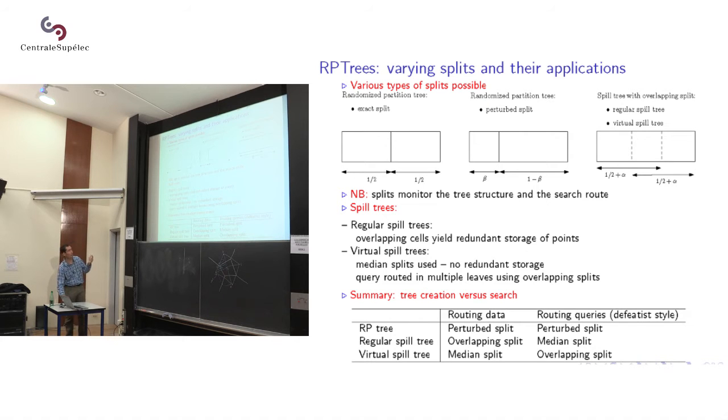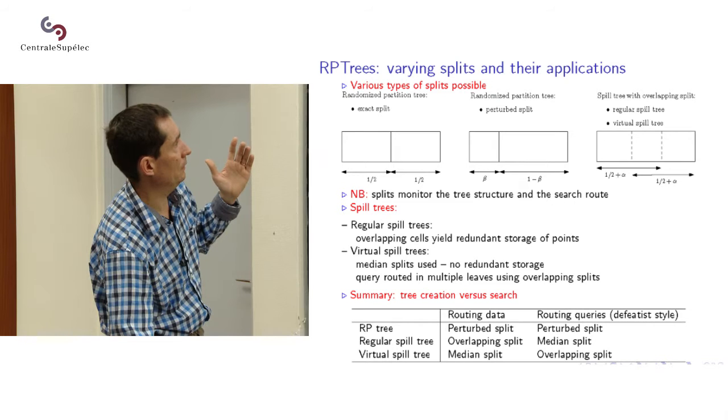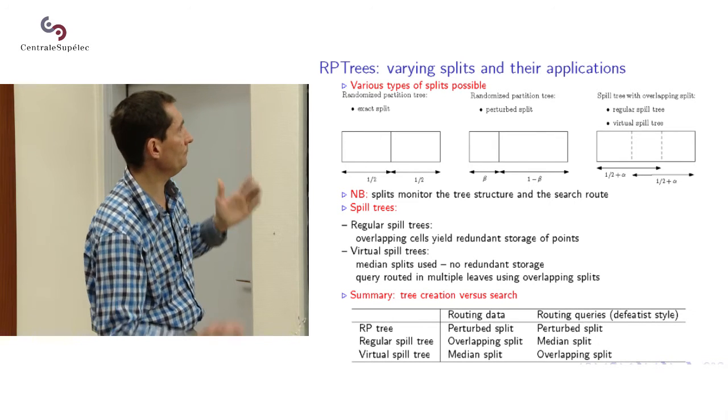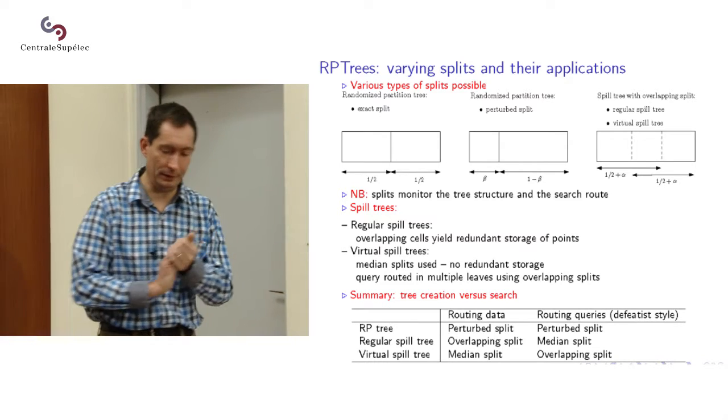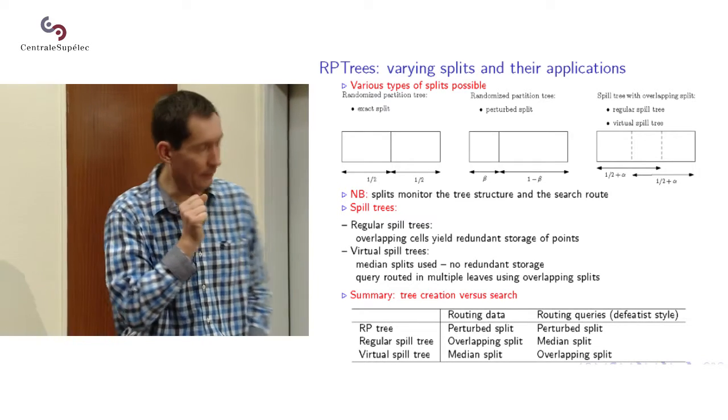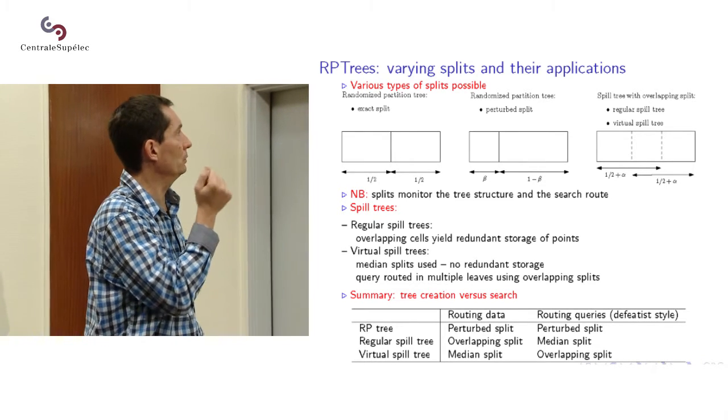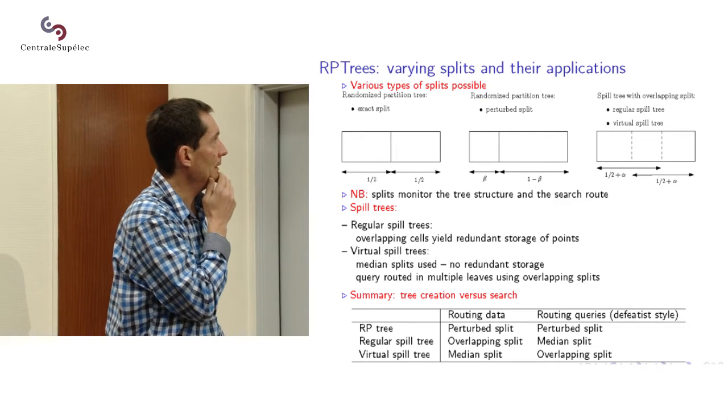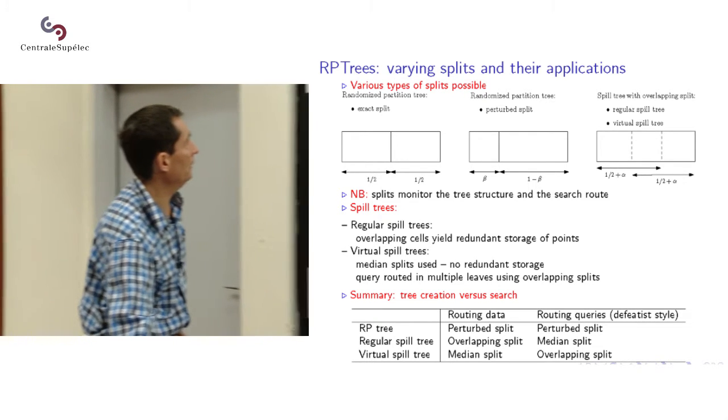And of course, these two intervals, from 0 to the cut for the left subtree and from the cut to 1 for the right subtree, have equal length, which is in fact 1/2 plus alpha.